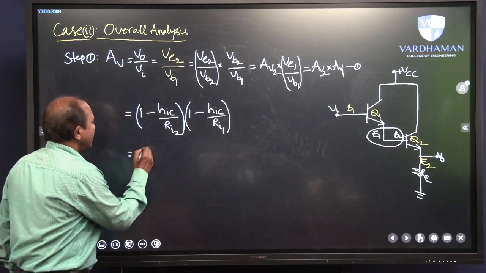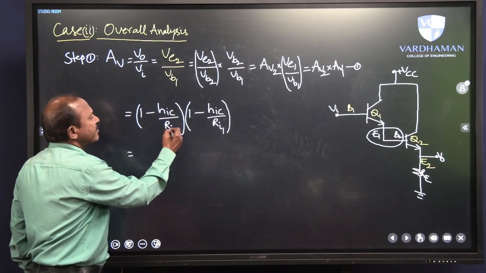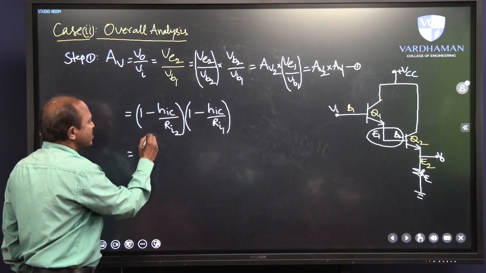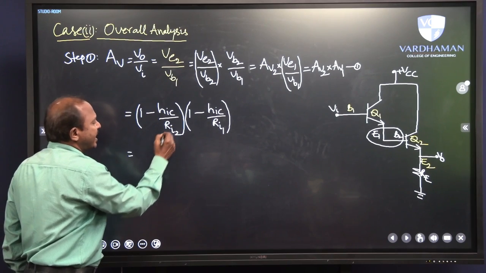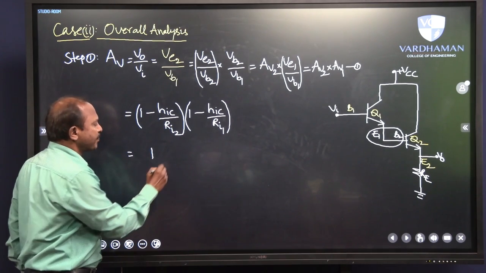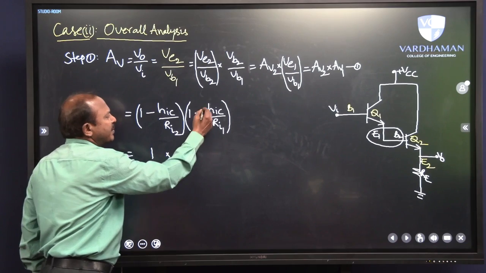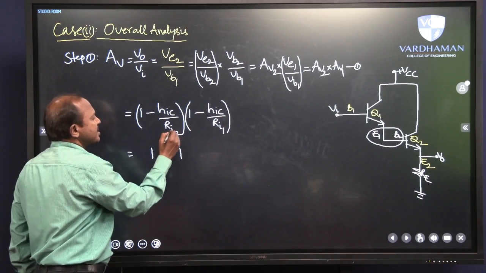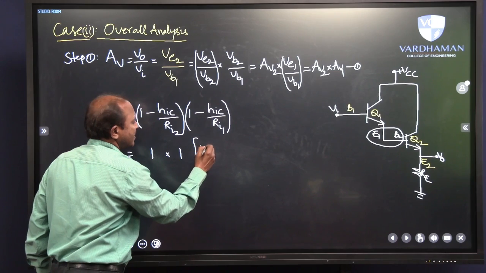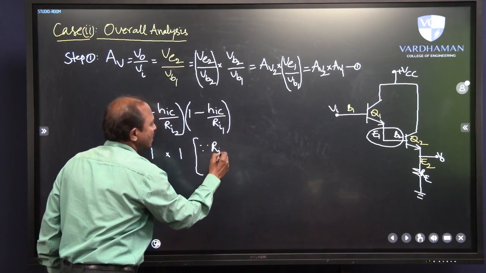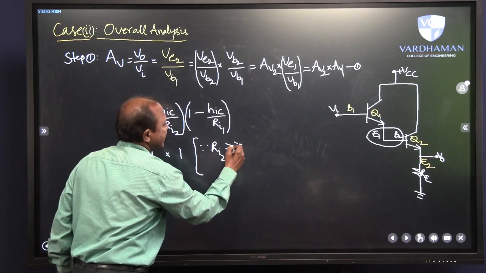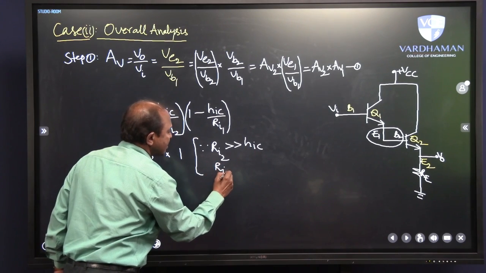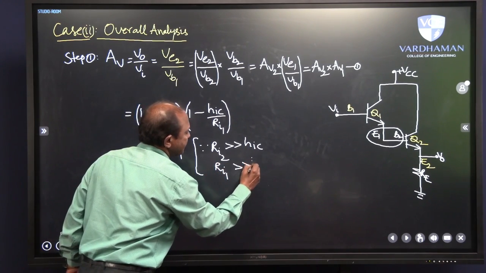We know RI2 is always much greater than HIC. So we can approximate these values. First value 1 minus HIC by RI2 can be approximated to 1, and this 1 minus HIC by RI1 is also approximated to 1, since RI2 is much greater than HIC and RI1 is also much greater than HIC.